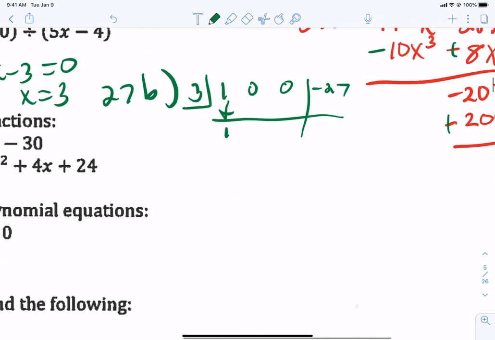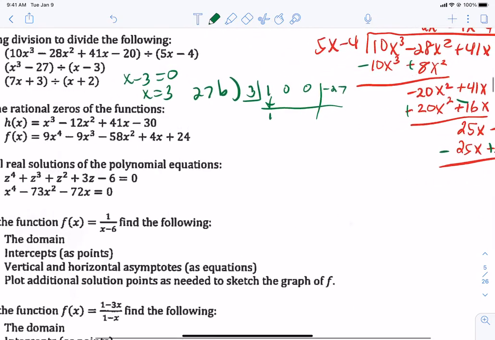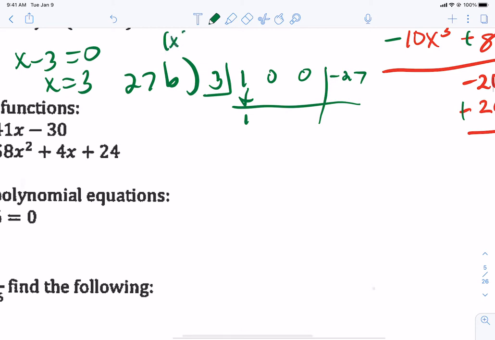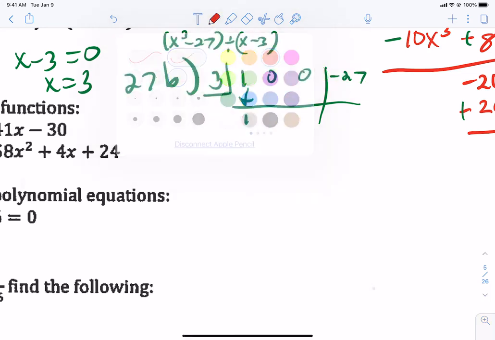So I'm going to do synthetic for 27b. Okay? So it was x cubed minus 27 divided by x minus 3. Okay, so I'm just setting up the box. So we were missing the squared and the x, so that's why there's zeros there. So I use the coefficient 1 and negative 27.